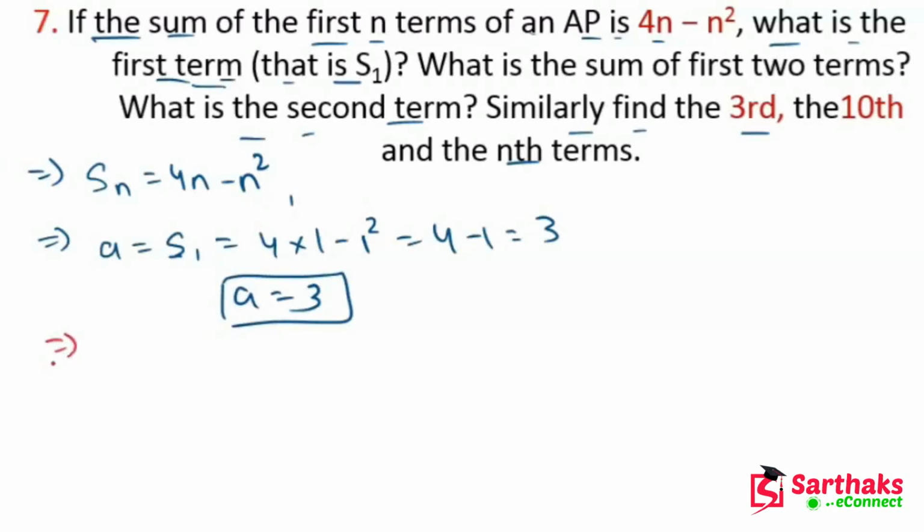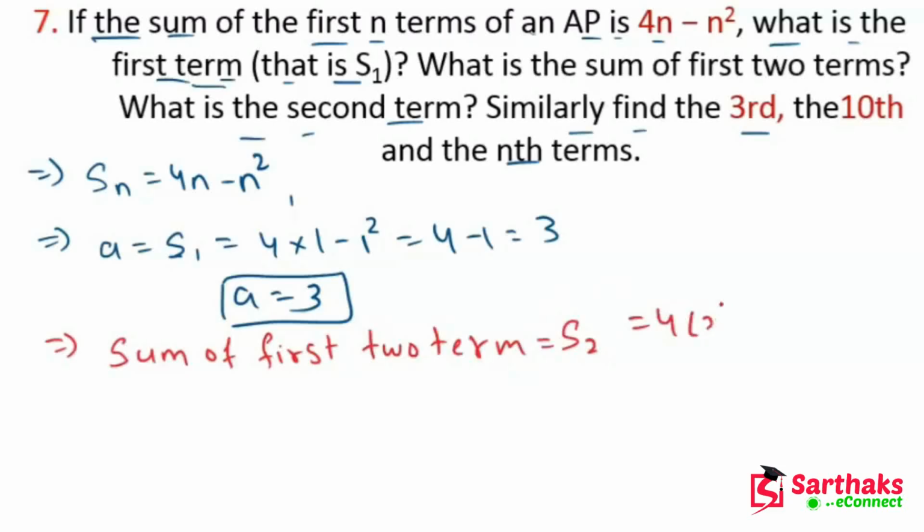Now the sum of the first two terms is S2. We put the value of 2 in place of n. We get 4 into 2 minus 2 square, which is 8 minus 4, so S2 is 4.